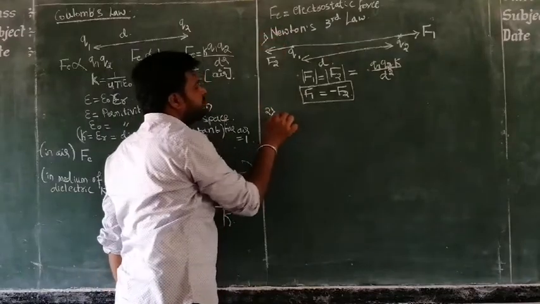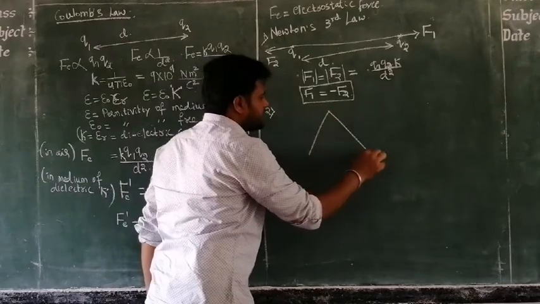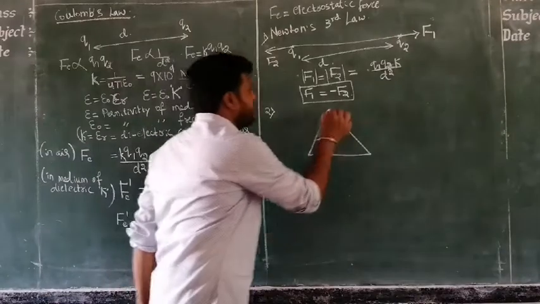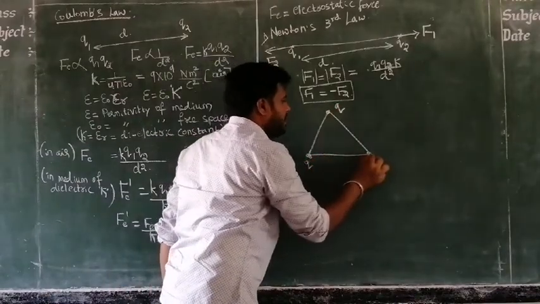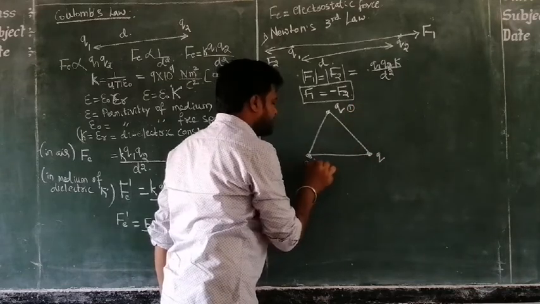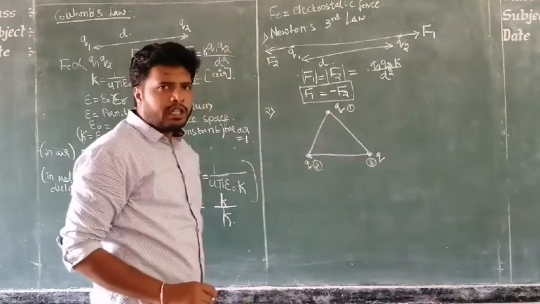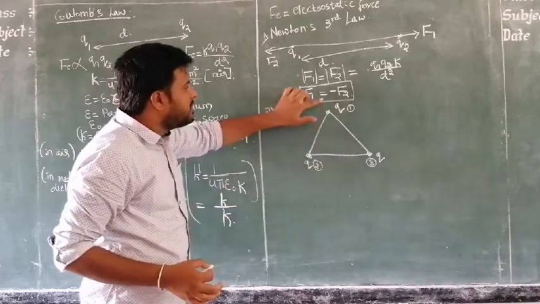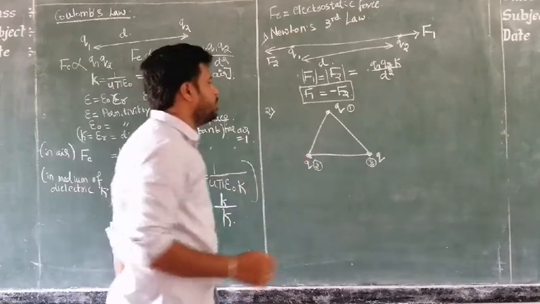Next, properties. Let's consider a triangle. If this is a triangle, three positive charges Q, Q and Q are placed here. I can name them 1, 2, 3. Now, we are trying to find the forces acting on charge 1 due to charge 3 and charge 2.